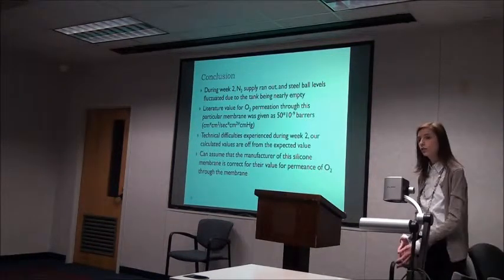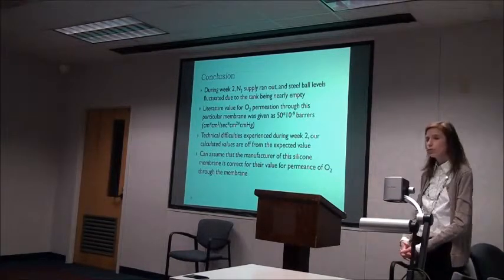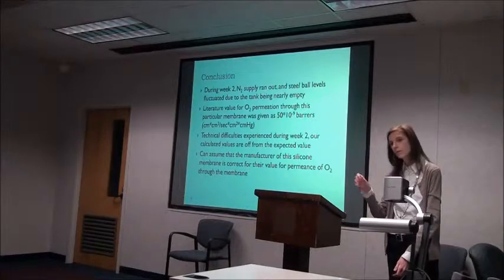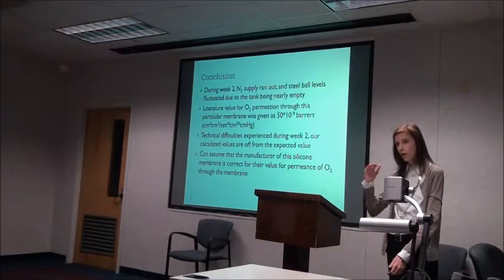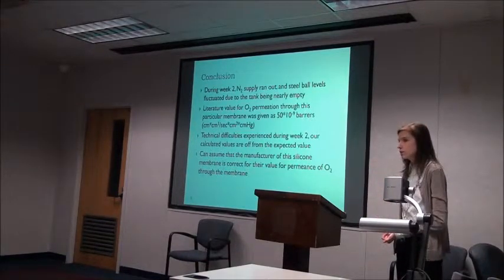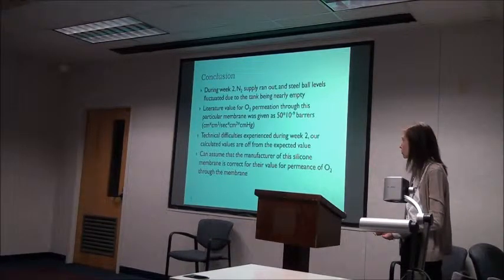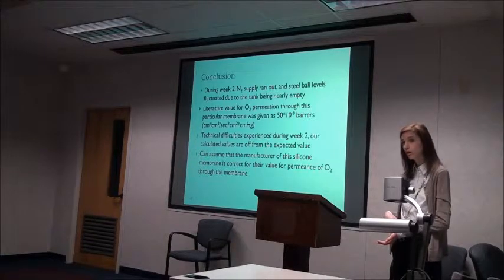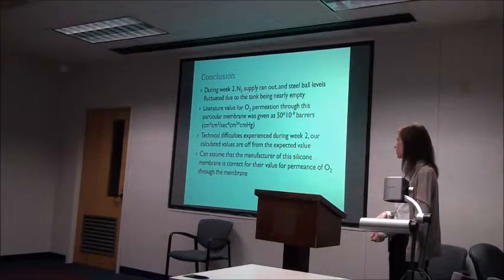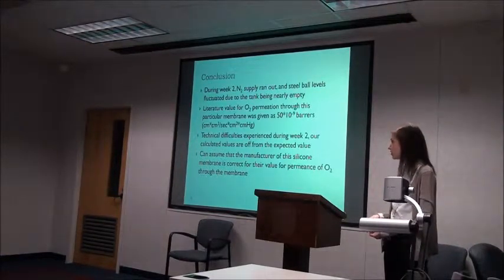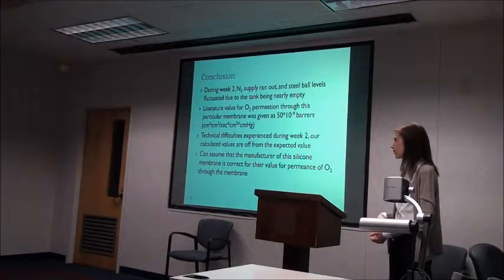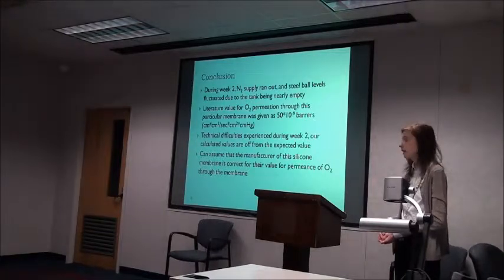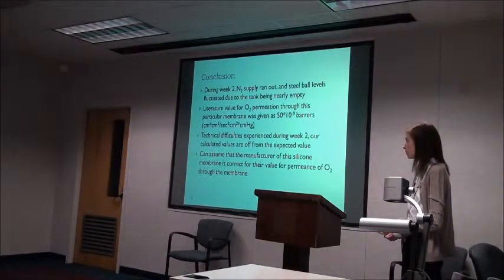And so our conclusion: during week 2, we had problems with the N2 tank running low, and we had problems keeping the steel ball up. It kept dropping, but we still obtained some pretty good results from that week as well. The literature value given for the O2 permeation from the manufacturer of the membrane is 50 times 10 to the -9th barrers, where a barrer is centimeters times centimeters cubed divided by seconds times centimeters squared times centimeters of mercury.